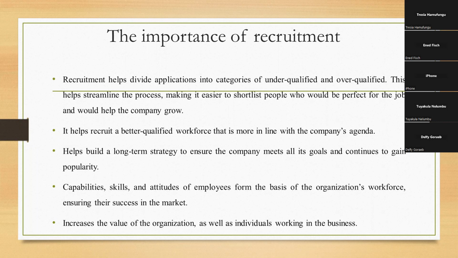It also helps build a long-term strategy to ensure the company meets all its goals and continues to gain popularity. Also, recruitment is important because it increases the value of the organization as well as individuals working in the business.